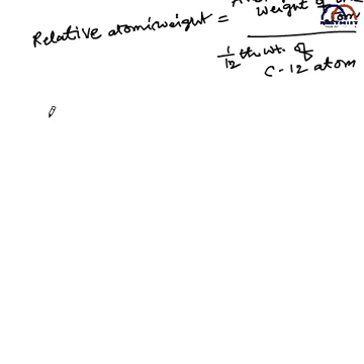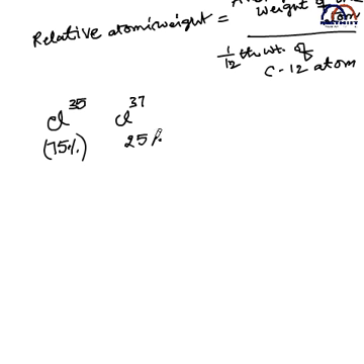In the case of chlorine, chlorine contains two isotopes, that is Cl35 and Cl37. If you take the total chlorine element, what we find is the percentage of abundance. Let us take it as 75% of chlorine 35 is present, and chlorine 37 is 25%.